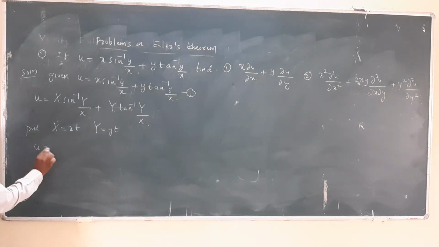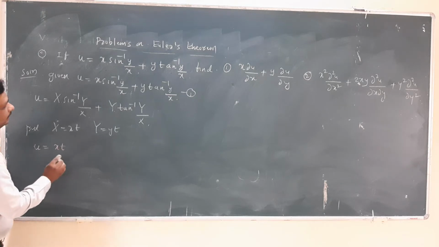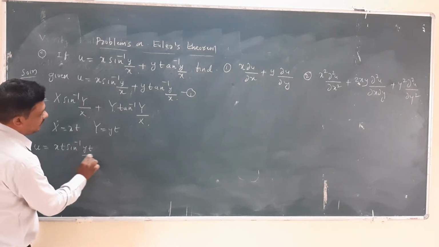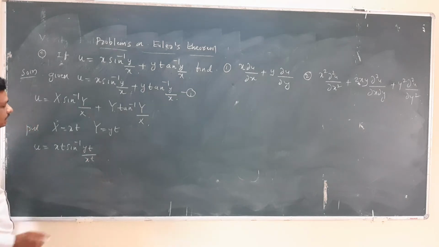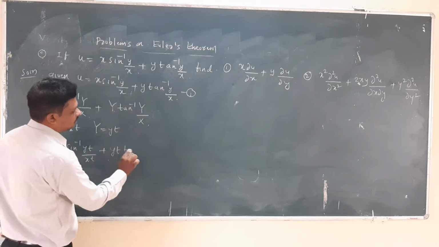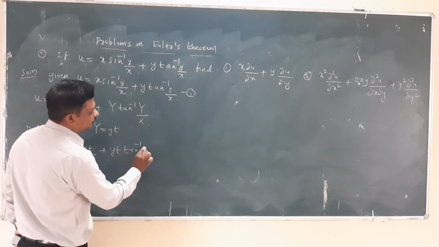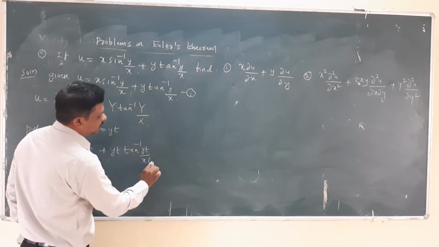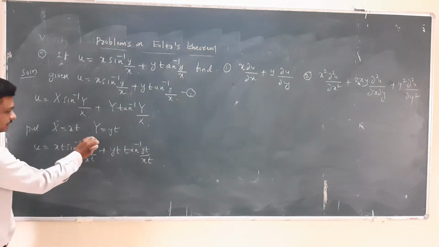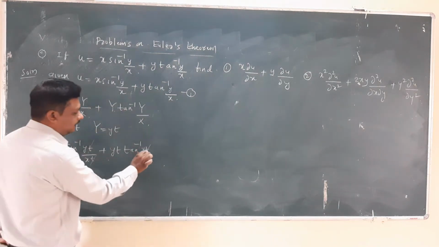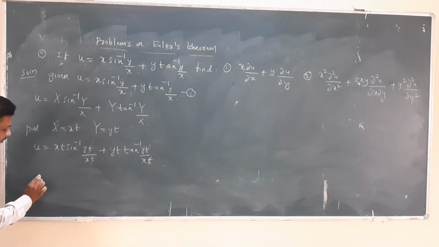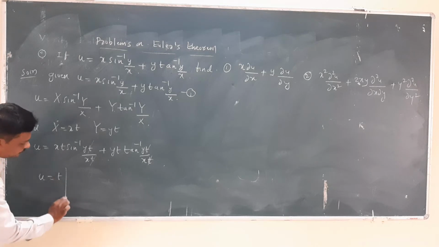So our equation becomes x t sin inverse of yt upon xt plus y t tan inverse of yt upon xt. Here the t and t get cancelled. So t is common, so I will take t as common.